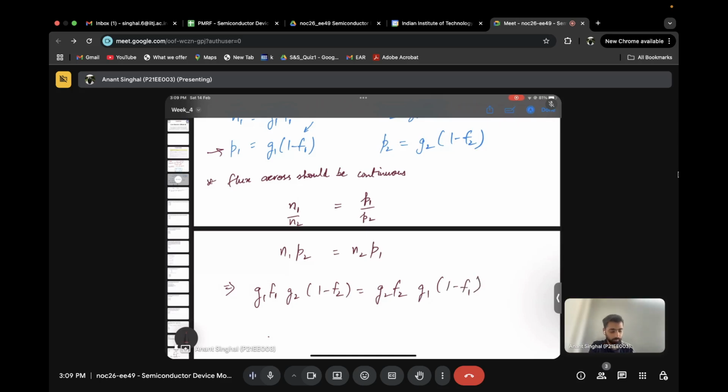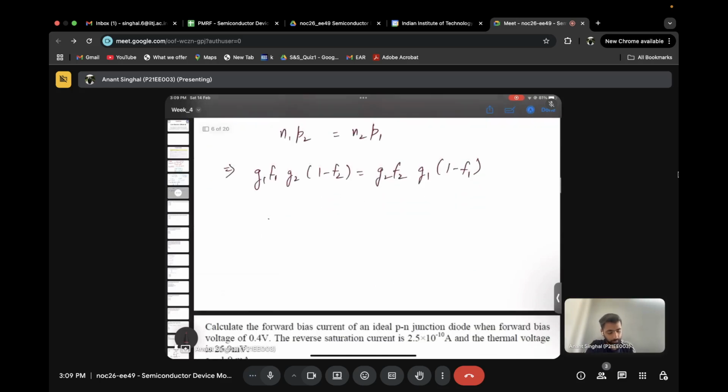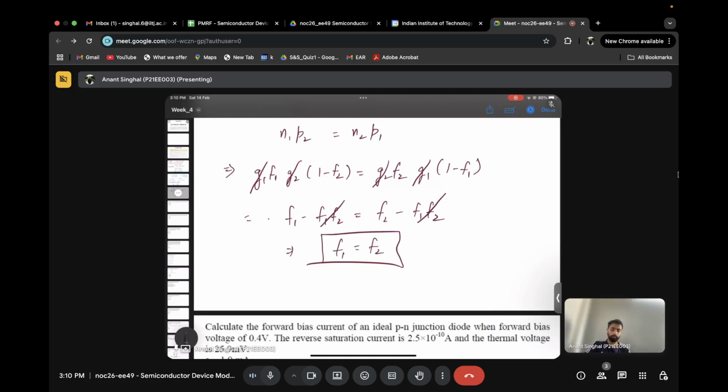If we look clearly, we can cancel G1 and G2. What I am left with is F1 minus F1 F2 is equal to F2 minus F1 F2. Again I can cancel these terms, and we get that the Fermi-Dirac function of both these materials will be equal.